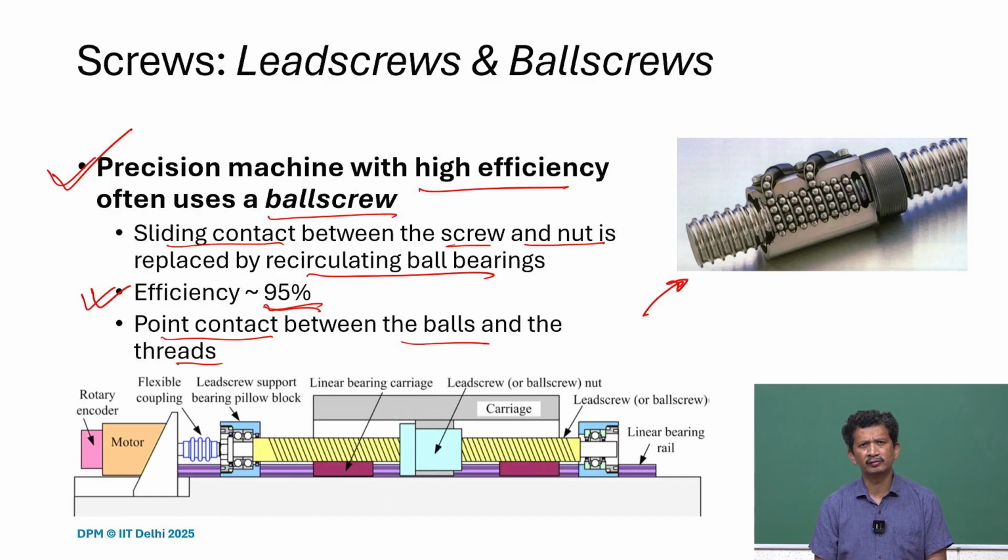But remember, there is still friction involved, and what we understand is that if friction is involved, there will be issues related to virtual play. Hysteresis will come into the picture, and depending on the application, if we are really going for a very high precision application, then we may have to think and find some other means.